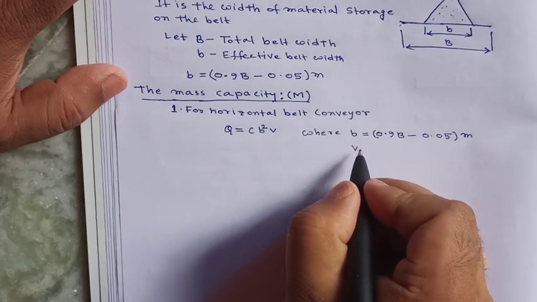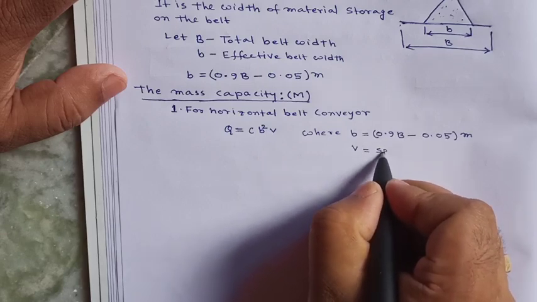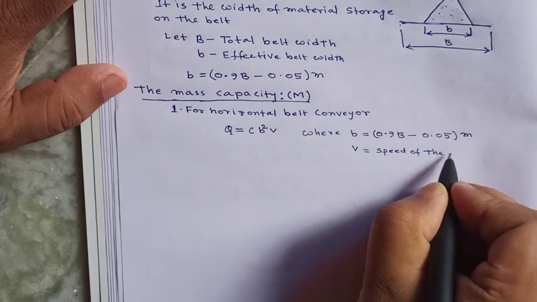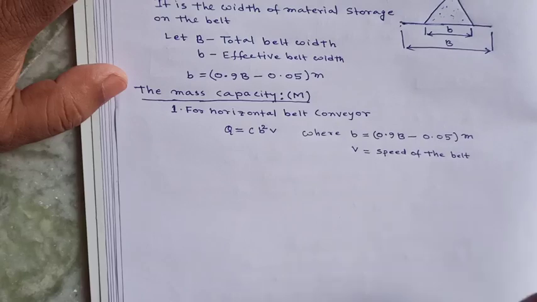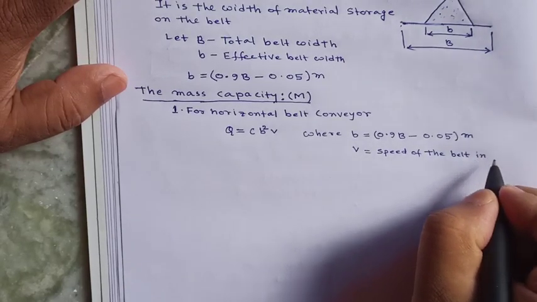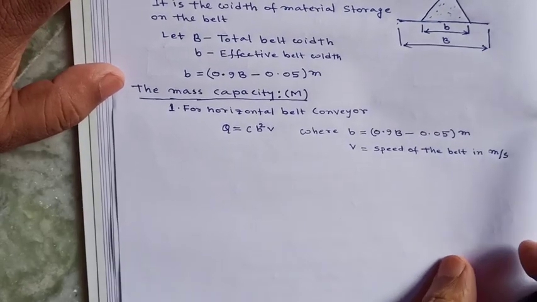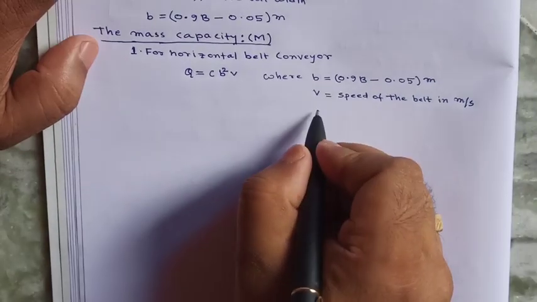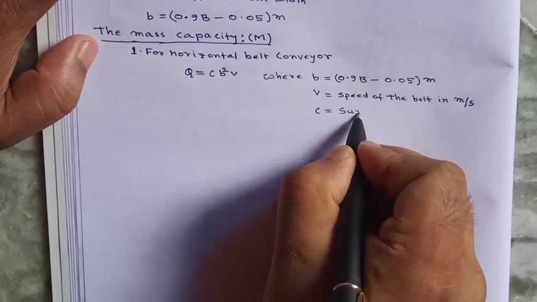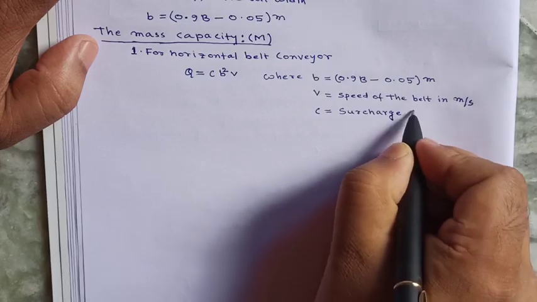V is the speed of the belt in meter per second, and C is surcharge factor.